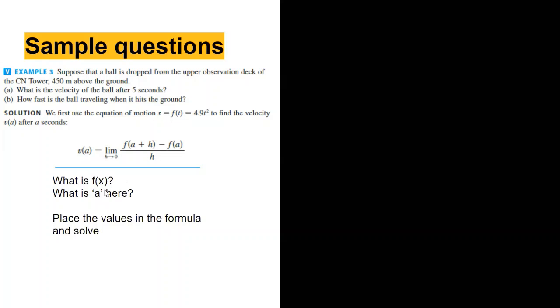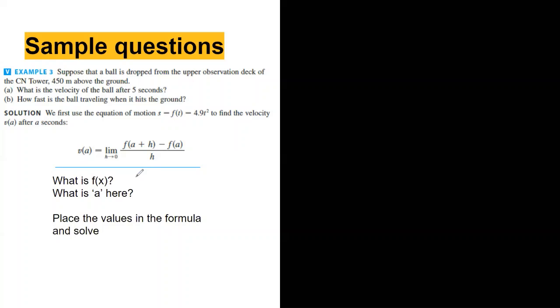When it comes to velocity, most frequently distance has the formula of 4.9 t squared. If you look into physics, 4.9 is technically acceleration due to gravity divided by 2 using the equations of motion. However, for the sake of calculus, we'll just need to put on this formula 4.9 t squared.